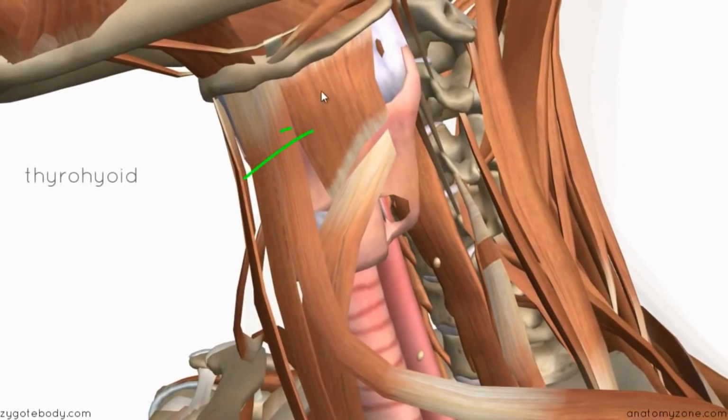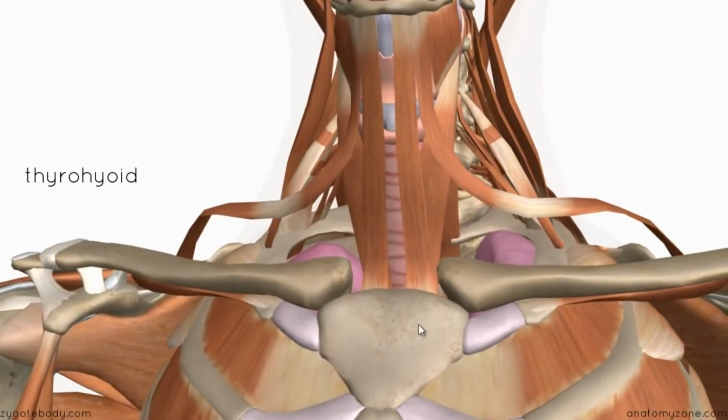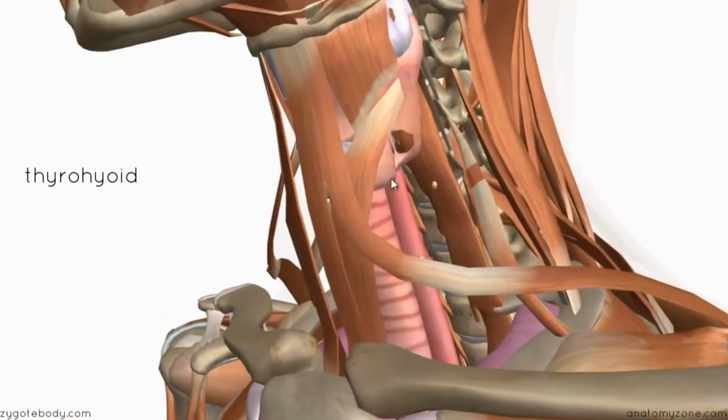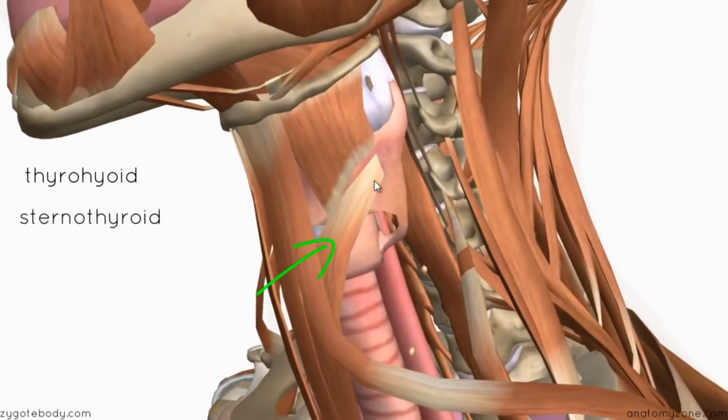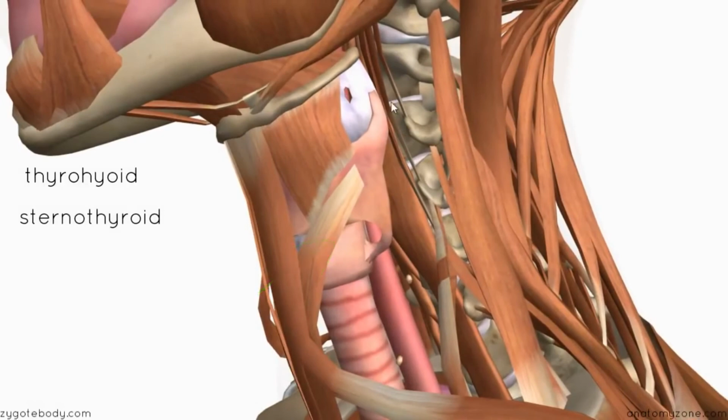Let's show some muscles here. We have three muscles: the thyrohyoid muscle, connecting the hyoid bone and the thyroid cartilage, another muscle connecting the thyroid and the sternum, and the last one we call the inferior constrictor muscle.